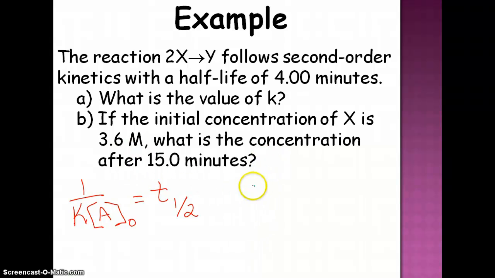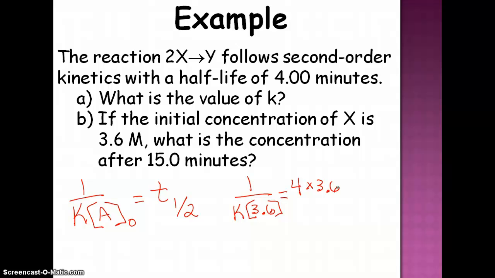So we're going to have 1 over K times 3.6 equals 4. Cross multiply that 3.6 up.